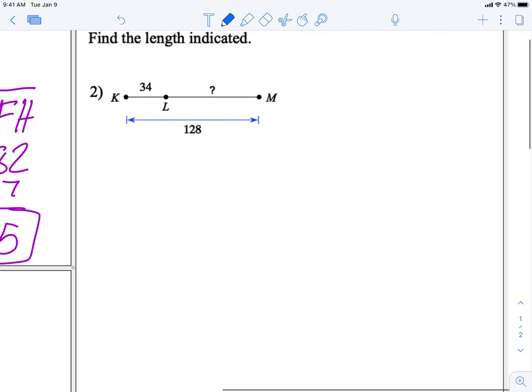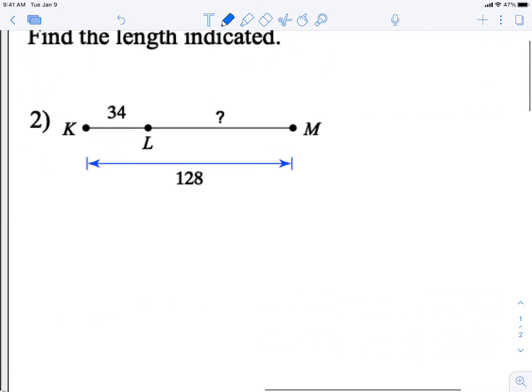All right. Next example, example number 2. So here we have point L between K and M, right?